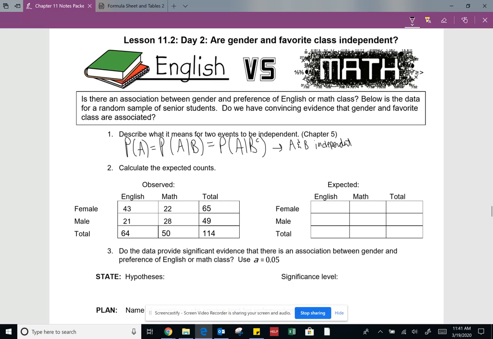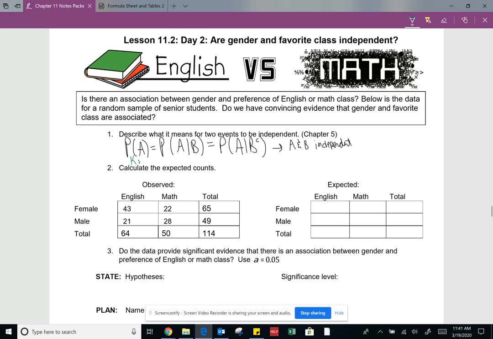So this would be the formula version of this situation, but if we wanted to put it in words, what we could say is that knowing if an event occurs does not change the probability of another event occurring.